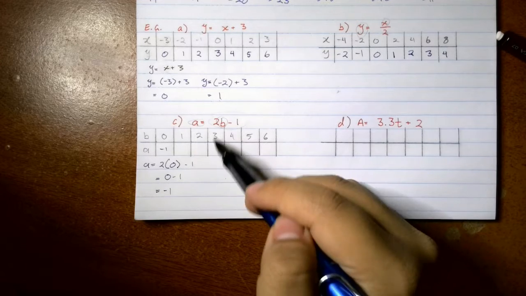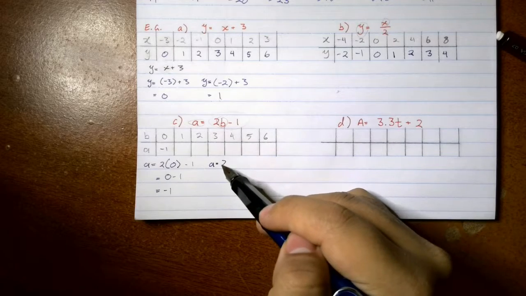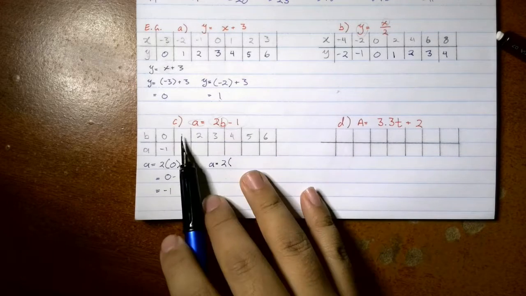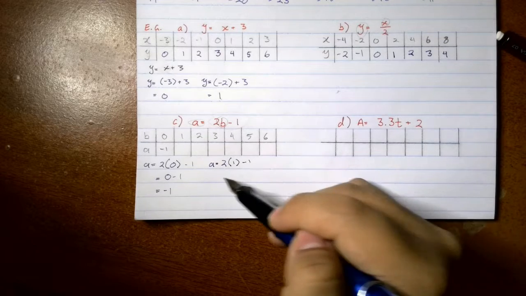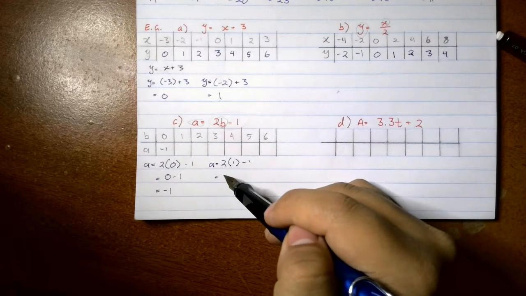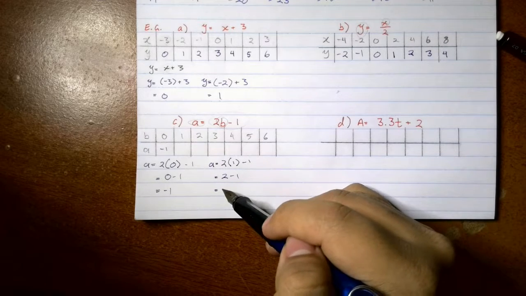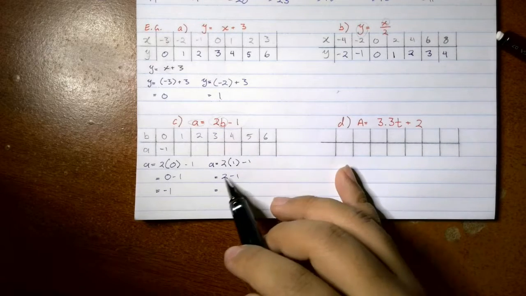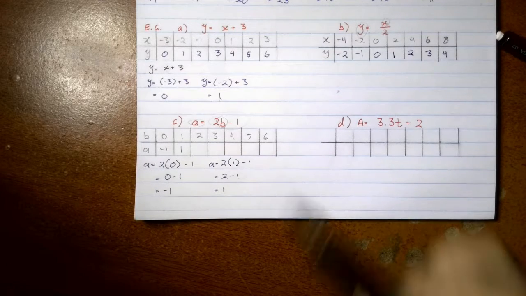Substituting the value of 1, so A equals 2 times 1 minus 1. 2 times 1 is 2, subtracted by 1. 2 minus 1 is 1. That's why that belongs there.